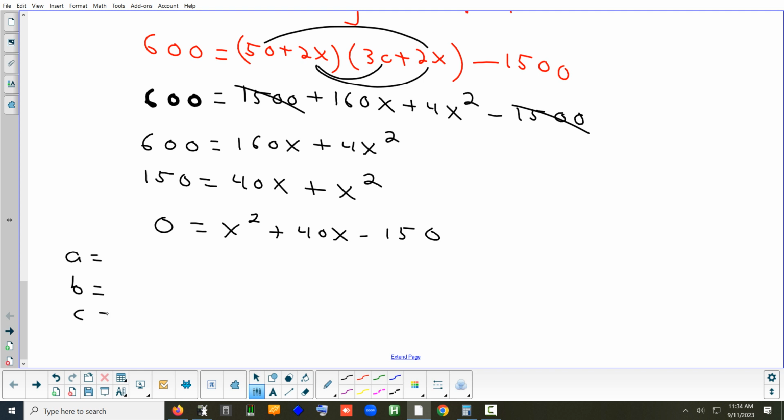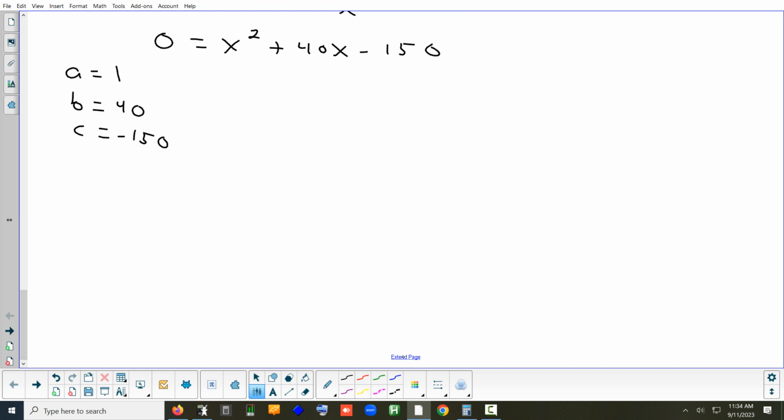What's A in this case? 1. And B? And C? Negative 150. Okay, so fill that into your quadratic formula and see what you get.